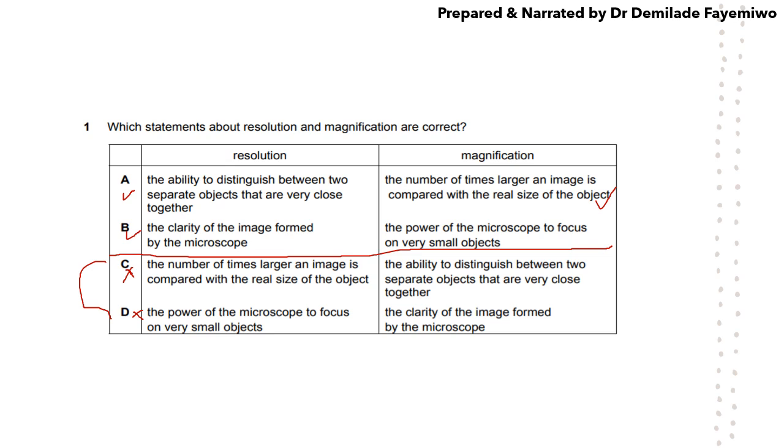Again, magnification has nothing to do with focusing on small objects. It's about blowing up the size of an object, so really making it bigger. So we already know then that B cannot be the answer, and that is how we're able to pick A with confidence. And you can check this in the mark scheme for this paper if you can get it, but you would find that the answer should be A. Nothing else seems possible here.